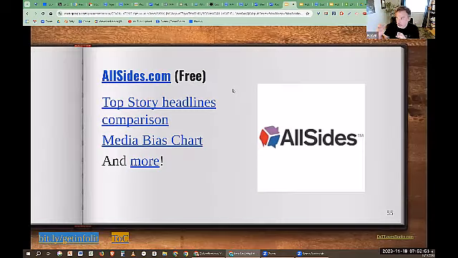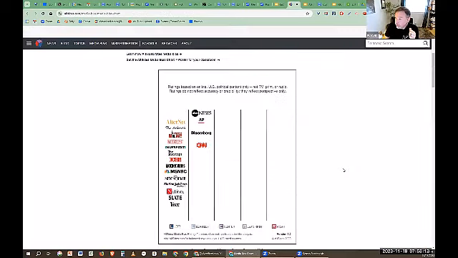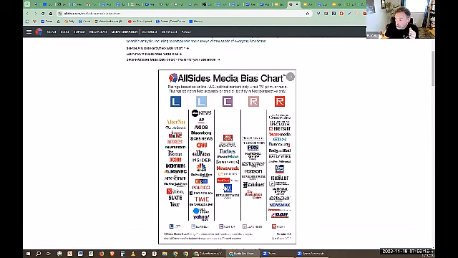AllSides, great free resource. They show you headlines from left-leaning, center-leaning, right-leaning sources and let you compare them right on their site. They also do comparisons of news sources to tell you what their biases are, and they use a blind rating system for that. It's really great. They've got the media bias chart. Let me just show you real quick. So the media bias chart shows you here's center sources, here's left-leaning, here's right-leaning, here's far left, here's far right.